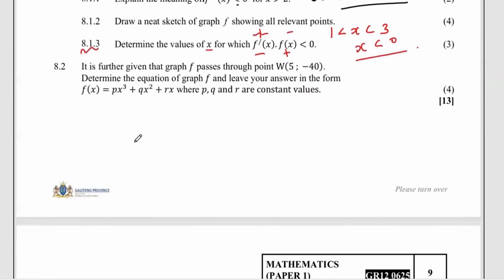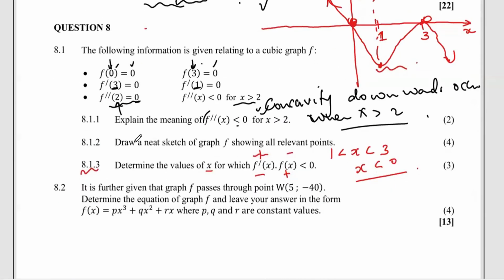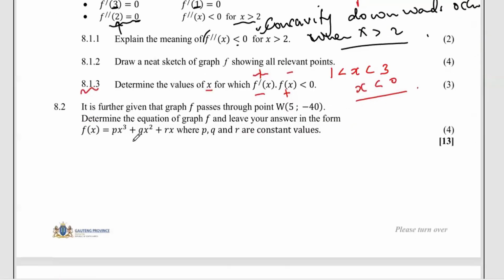Then with the same information that we have, it is further given that f passes through this point. Determine the equation of the graph. Leave your answer in this sort of form, where p, q, r are constant values.